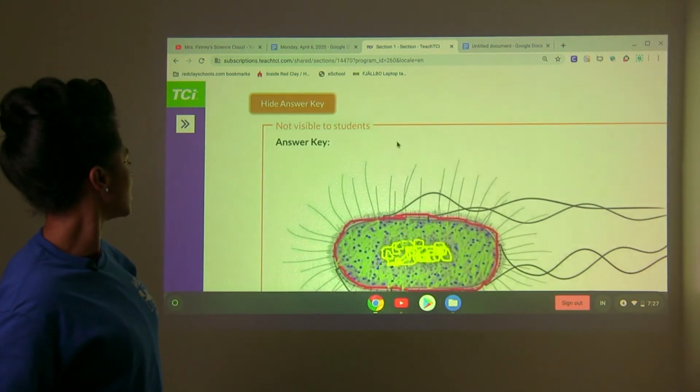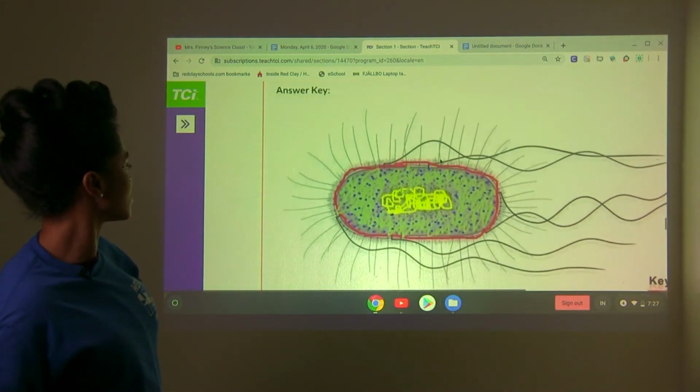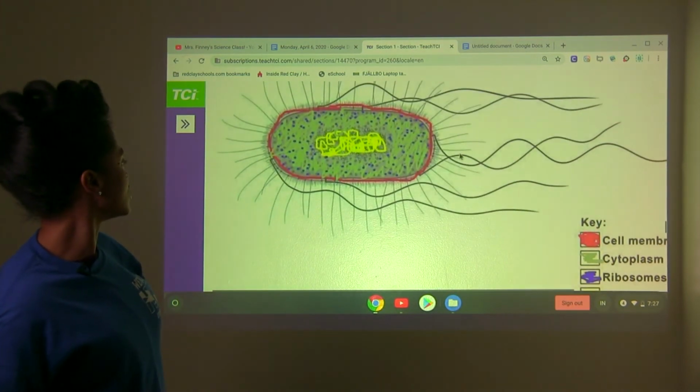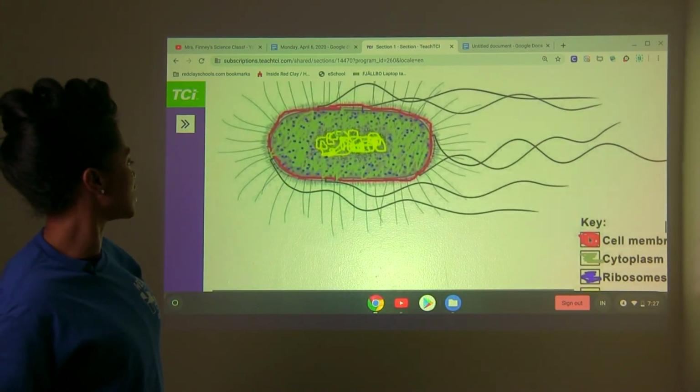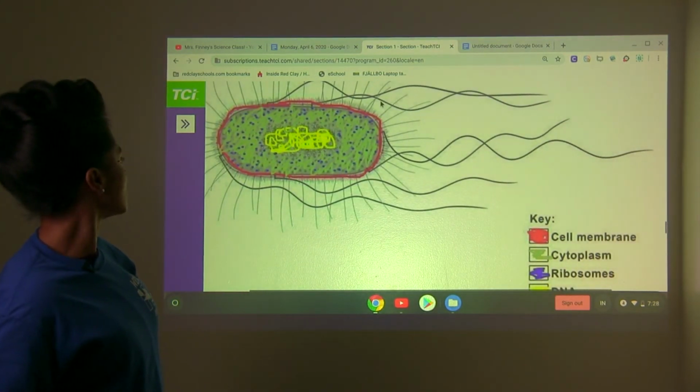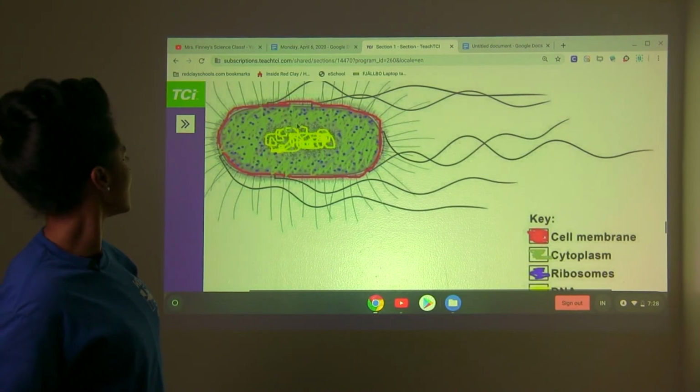All right, here's an example of what yours could look like. So in this image, they selected the cell membrane to be red. So you see it surrounding the cell in red. The cytoplasm fills in the cell. It's the gel-like substance. They chose green for that. Okay.